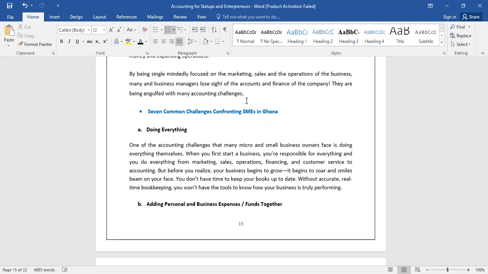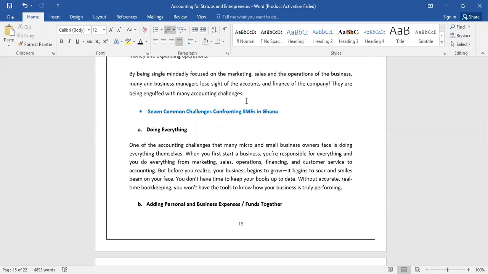So you get a software or an Excel sheet where you enter your revenues and your expenses, and then you can generate your report and look for a professional to review it for you. Then you know that you are on the right path.